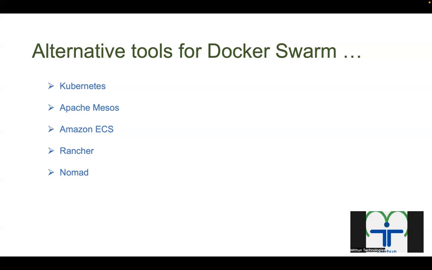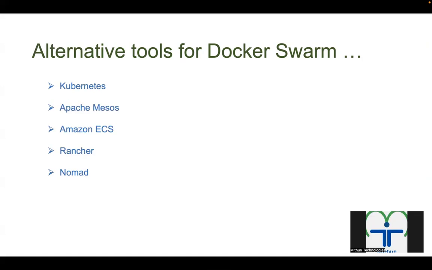And also Red Hat OpenShift. In 2019, I worked on Red Hat OpenShift in my previous organization. And Apache Mesos, a distributed systems kernel provided by the Apache Software Foundation, okay.